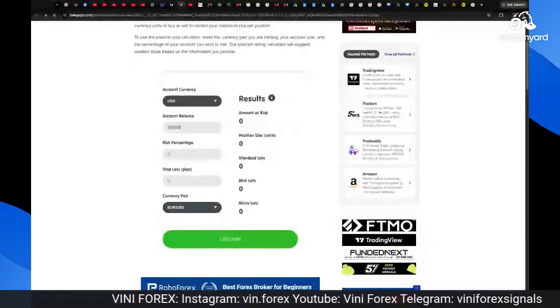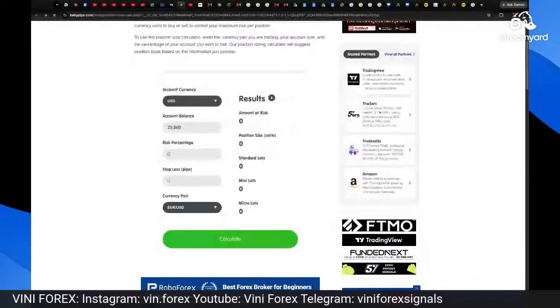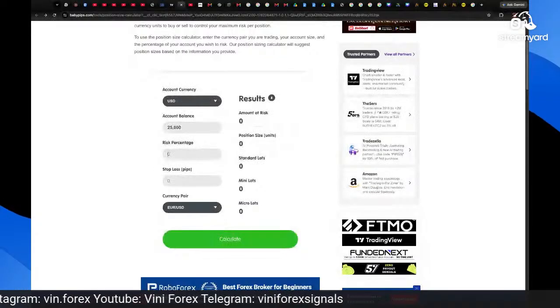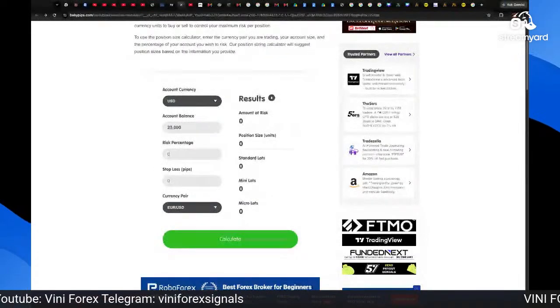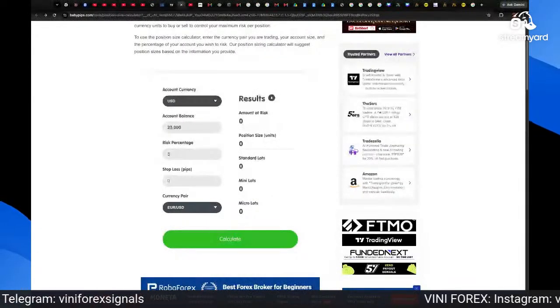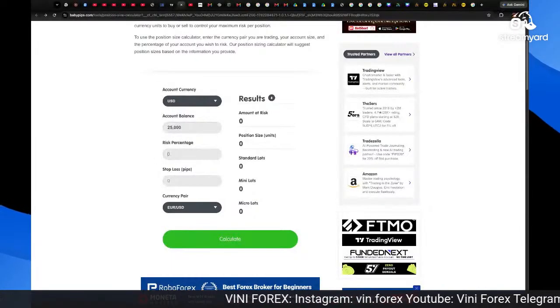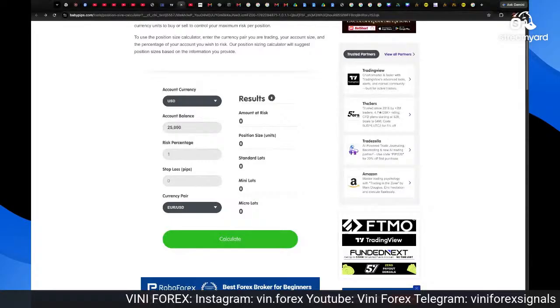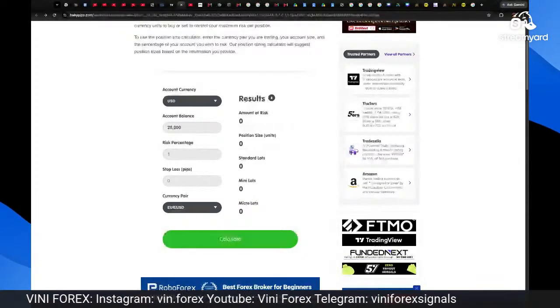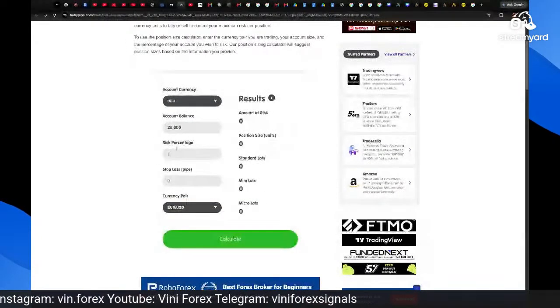Then your risk percentage, since you don't lose 5% in a day, which means you have 5% in a day not to lose, you cannot put 5%. Okay, my risk is 1%, which means you have to risk 1% to reach your loss limit. So you put 1% here.